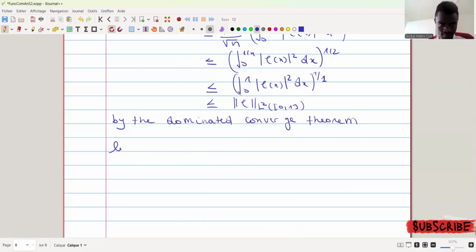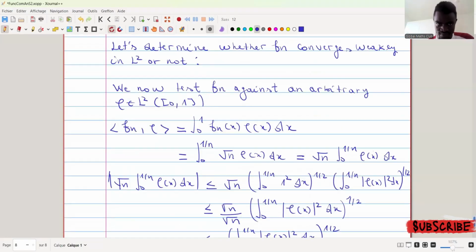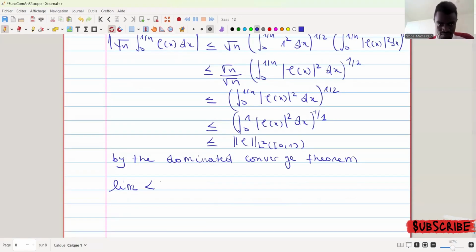So the limit of this quantity is equal to the limit of this quantity. So you can switch the integral with the limit. This is because of the dominated convergence theorem.